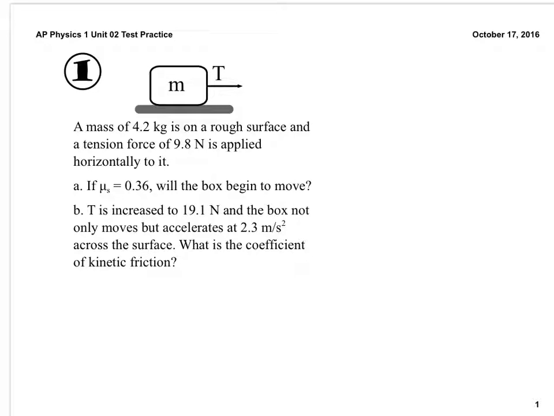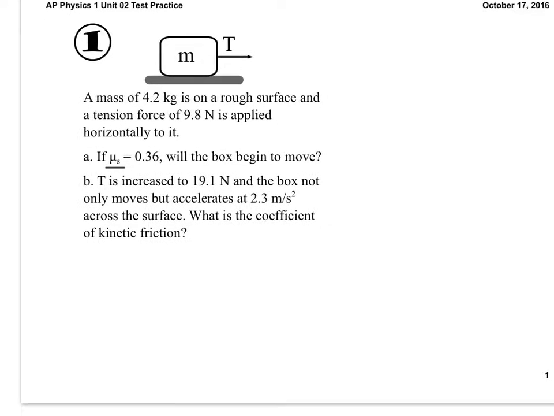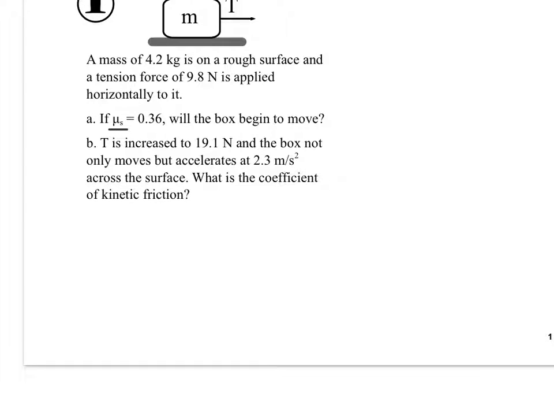So we've got a coefficient of static friction. Remember, mu sub s is the static friction, 0.36, and we want to know if our box is going to move. And to determine if it's going to move, we have to look at the maximum force of static friction. So the maximum force of static friction is equal to mu sub s times the normal force.